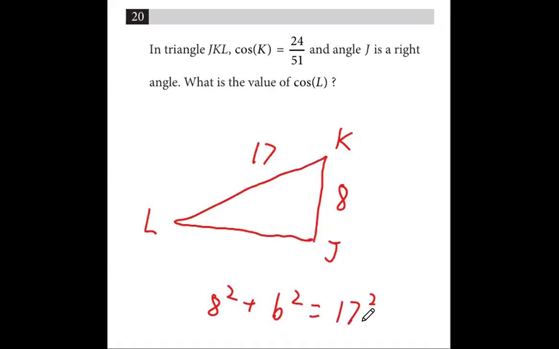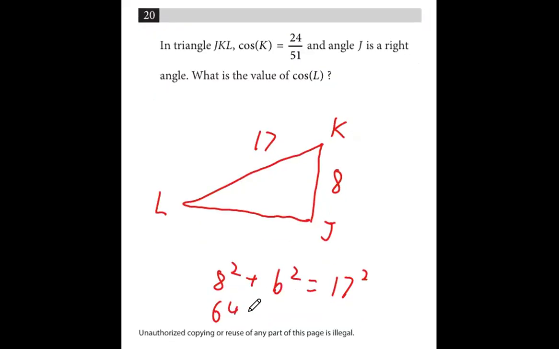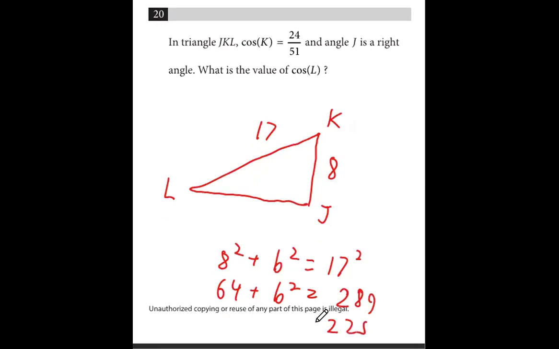So in this case, we have 64 plus b squared is equal to 289. So we take 289, subtract 64. That gets us 225 equals b squared.